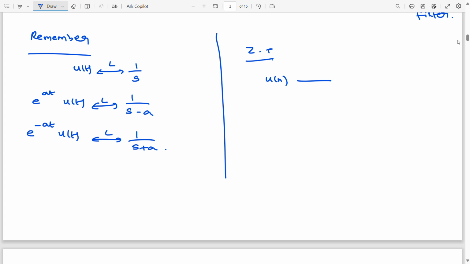The Z transform of the unit step discrete time function is represented as shown, and the Z transform of a power n u of n is 1 over 1 minus a into z power minus 1. So we should recall all these transfer functions.